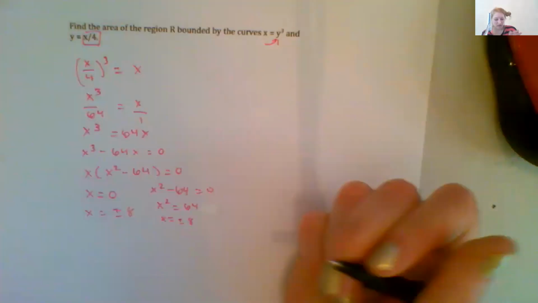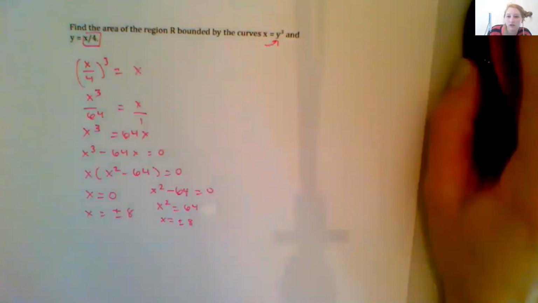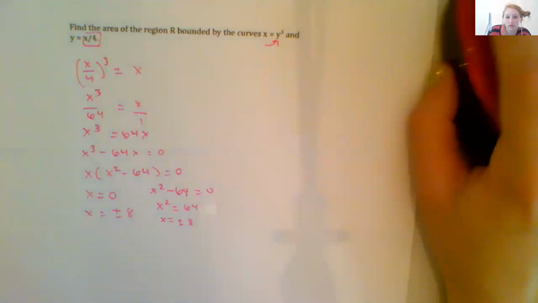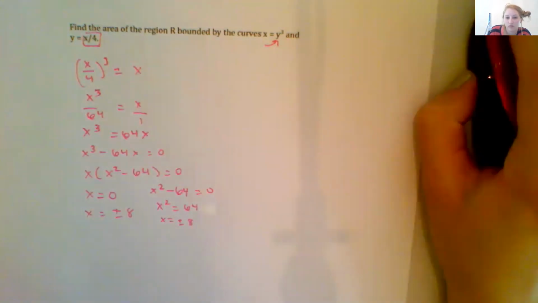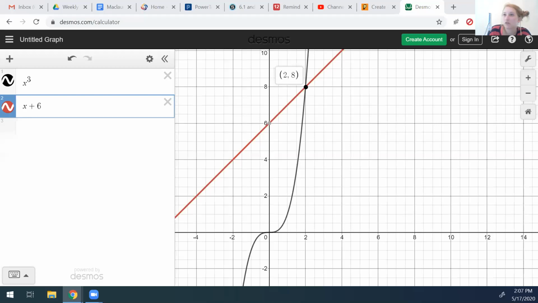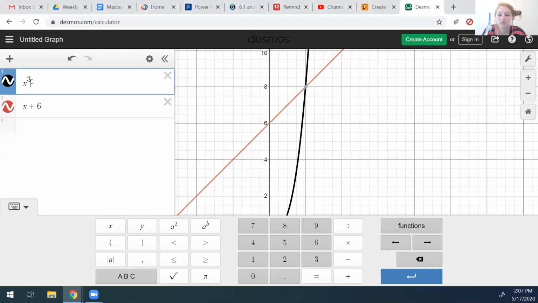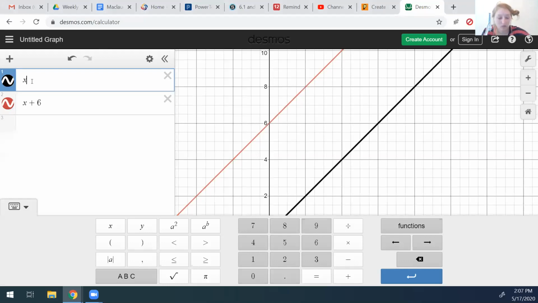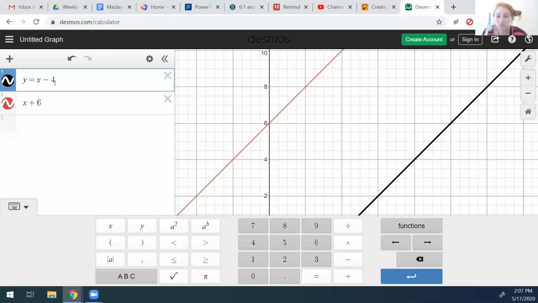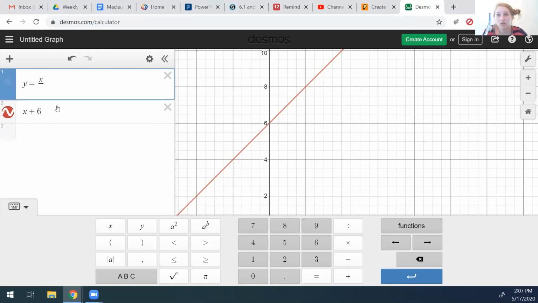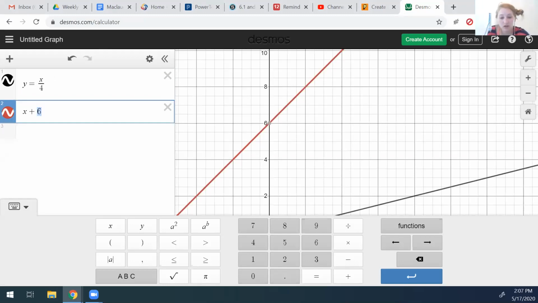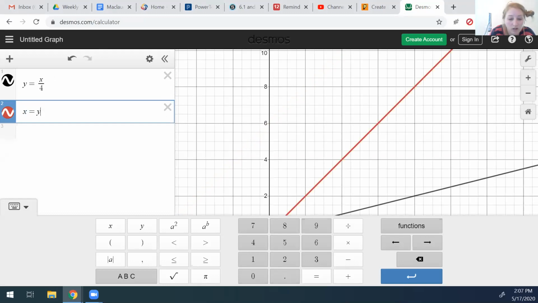Okay, so now something kind of cool is happening with this one. So let's look at this one on the screen. All right, so we have y equals x over 4 and x equals y cubed.